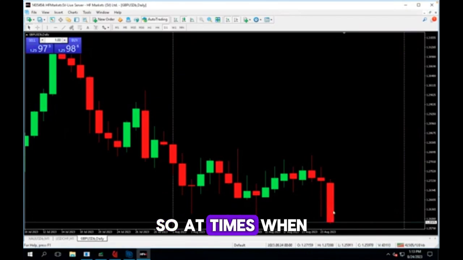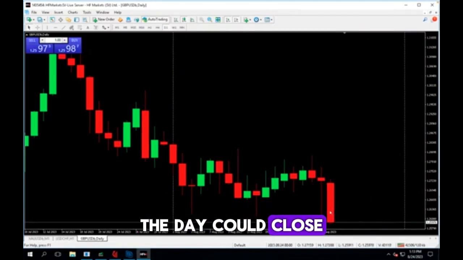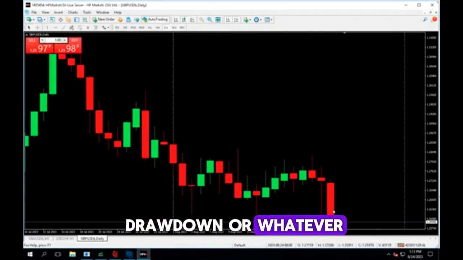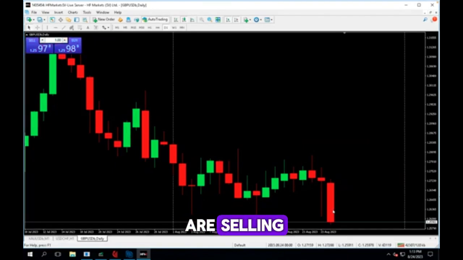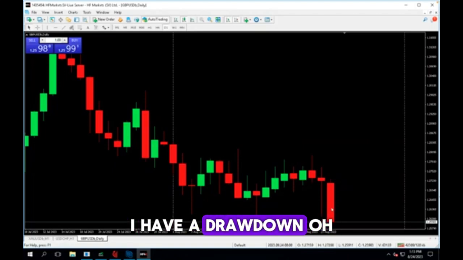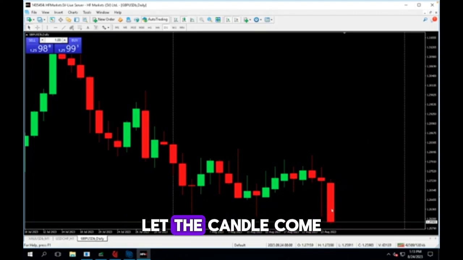So at times when you trade, the day could close here. When it closes, if you are still in that trade, you have a drawdown or whatever. If you are selling and the candle body begins to move up just as the market is closing, even though you have not closed your trade, the market moves up. Oh, I have a drawdown. You'll be waiting for the candle to come down so that it will close down.